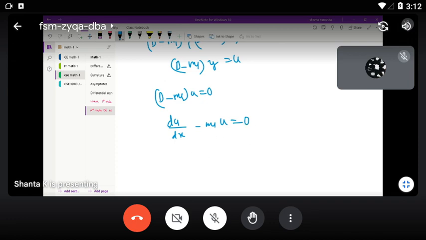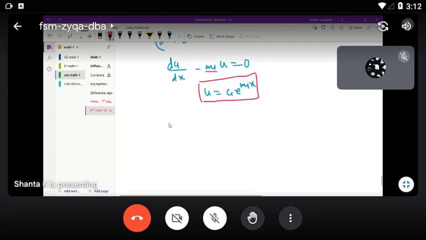So the solution will be u equals c1 e power m1x. This will be easy. This m1 will be p of x, Q of x is 0, so this will be the solution. Now u is what? (D minus m1) y equals c1 e power m1x. So you can write it as dy by dx minus m1 y equals c1 e power m1x.